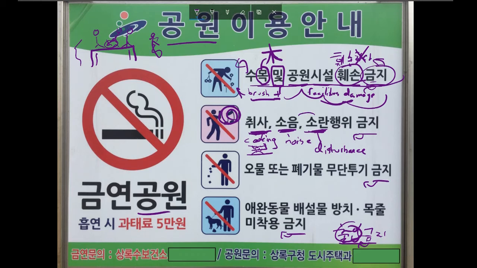It could be screaming, but doing something that you shouldn't really do in a park. And hengwei refers to action. Again, it's saying do not do all of these things. So cooking, loud noises, disturbances, and those types of actions, don't do those.